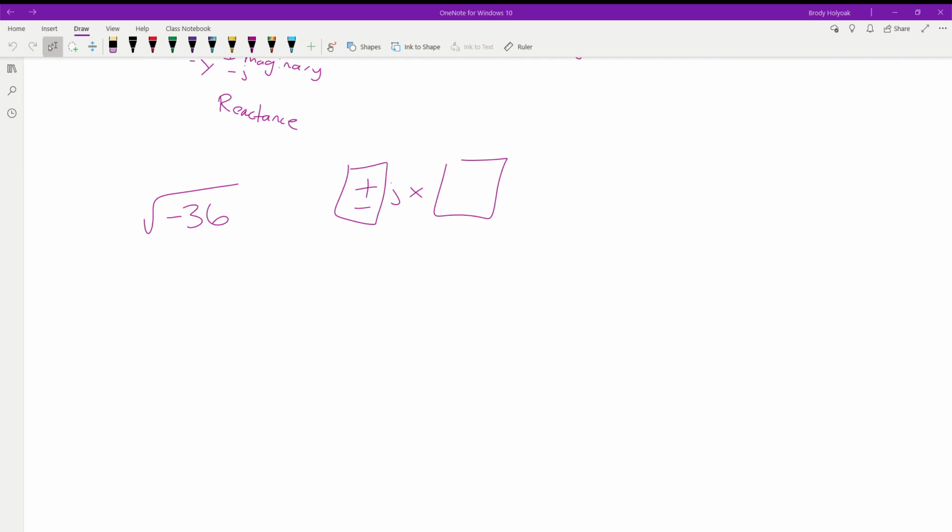So we're going to have plus or minus j times what? Times 6. So we get the square root of negative 1 times the square root of 36. This becomes positive j times 6.